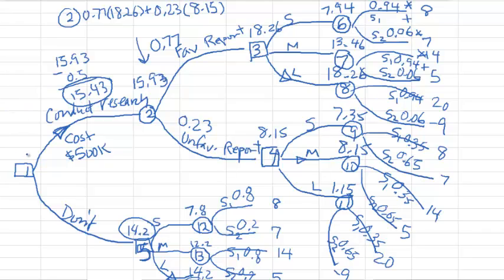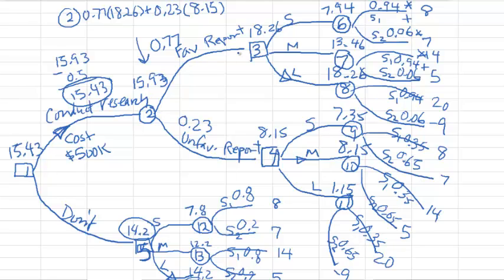So what we end up with here is the higher value, 15.43. So let's see, what is the decision? Let's follow the arrows. When you're at node 1, we want to go this way, conduct the research. When you conduct the research, the report might be favorable or unfavorable.